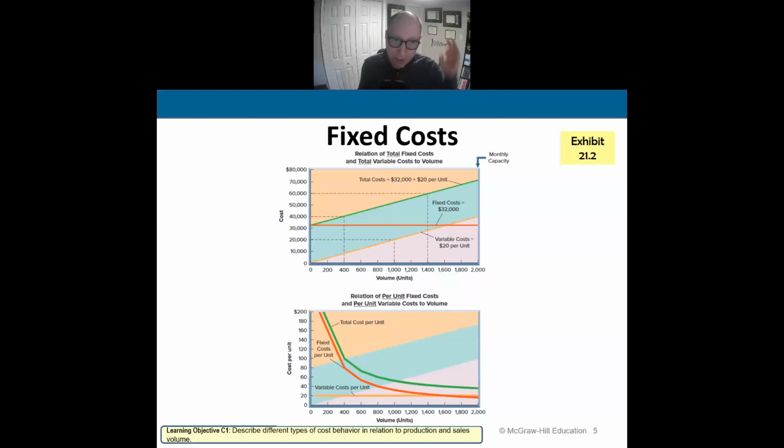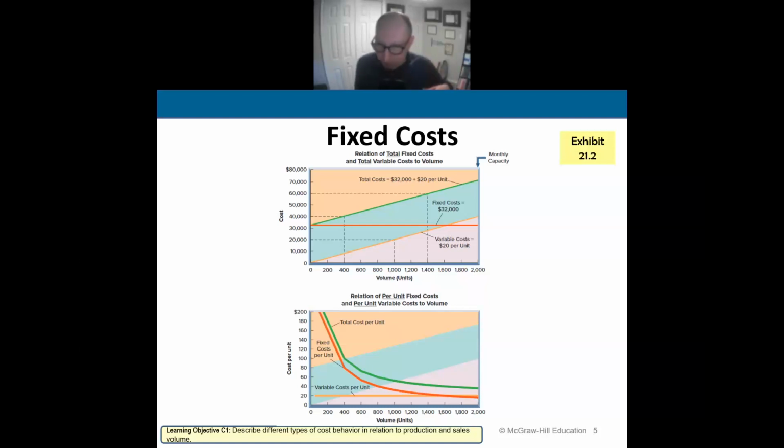And so we see the relationship with the number of units I'm producing. The more I produce, the lower my fixed cost per unit is. My variable cost per unit stays the same. Now, the reason why the variable cost per unit stays the same is because it costs me $20 of direct materials and direct labor to create a single unit.